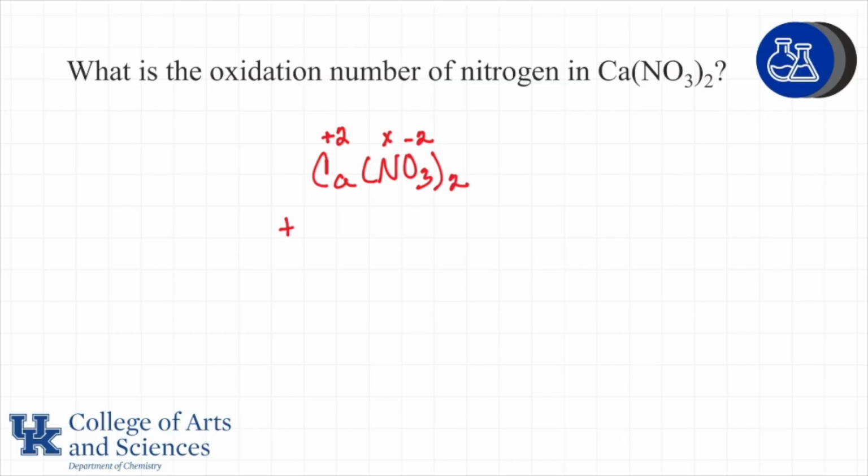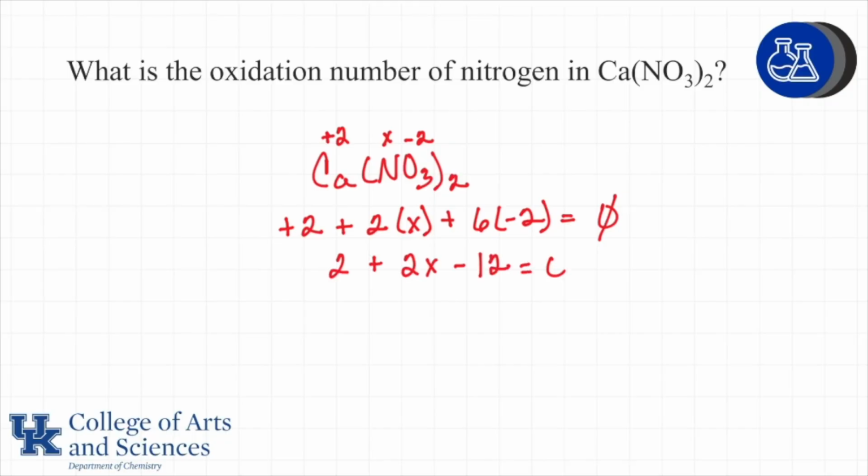We have 1 calcium, so +2. 2 nitrogen, so 2 times X. 6 oxygen, so 6 times -2 equals 0. We get 2 plus 2x minus 12 equals 0. 2x minus 10 equals 0. 2x equals 10, and x equals +5. So the oxidation number of nitrogen is +5.